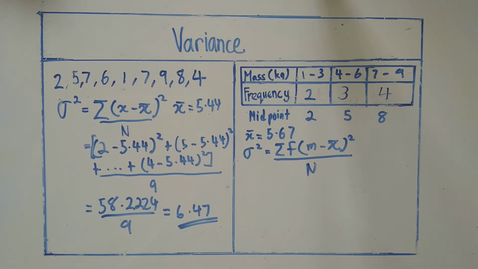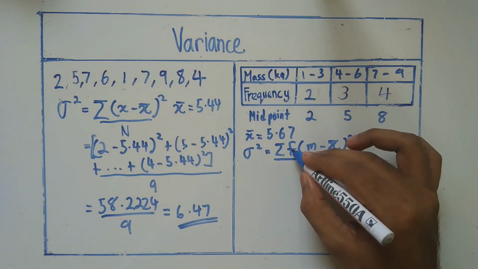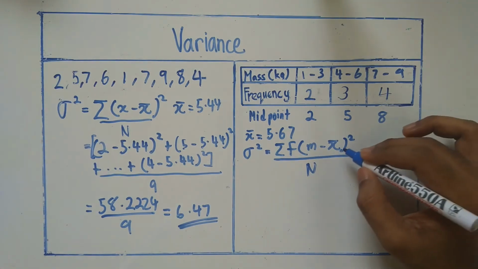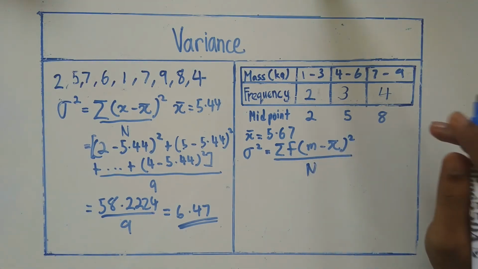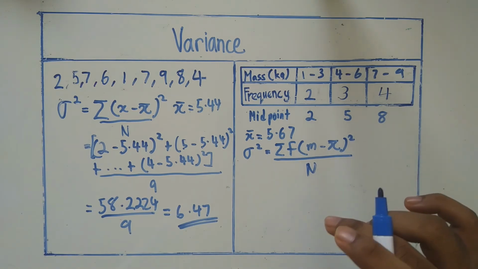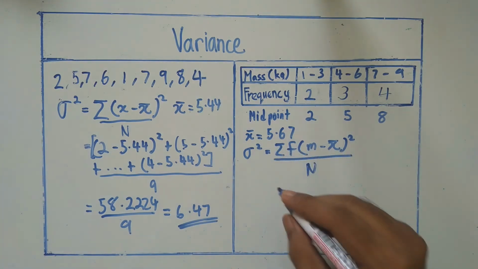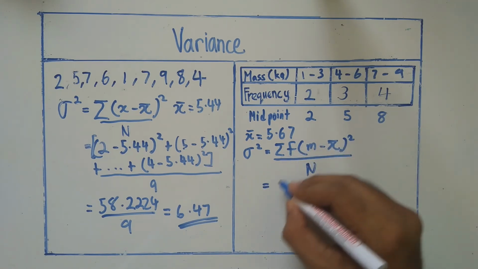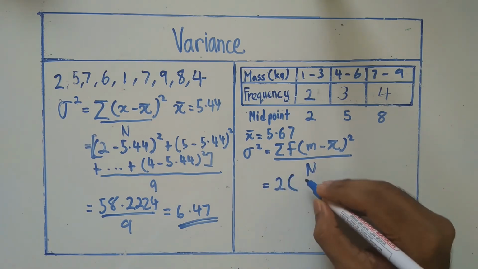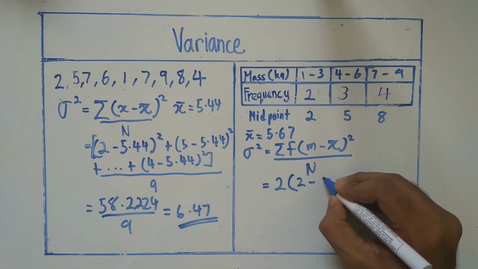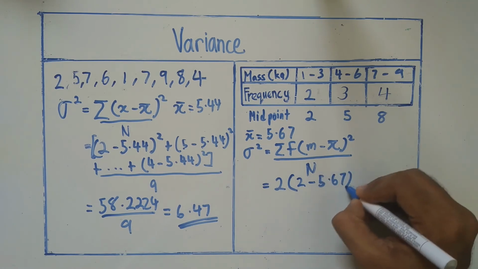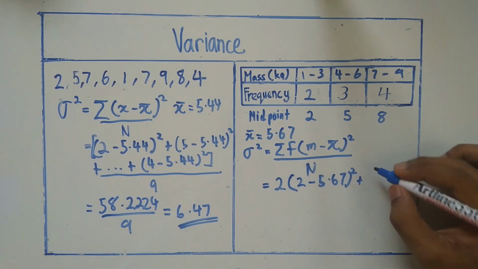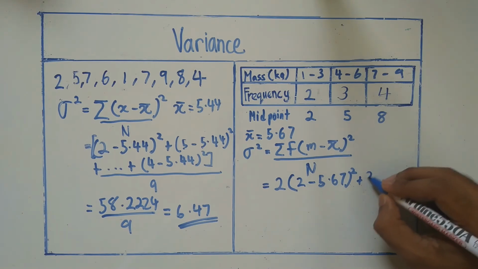Let's move on to the grouped dataset. To calculate the variance of the grouped dataset, we need to get the frequency, the midpoint, the mean, and the total number of data. Let's start by taking the frequency of the first class times the midpoint of the first class minus the mean, squared. Repeat the same procedure again for the second class.